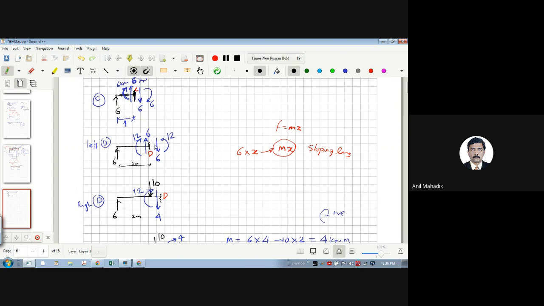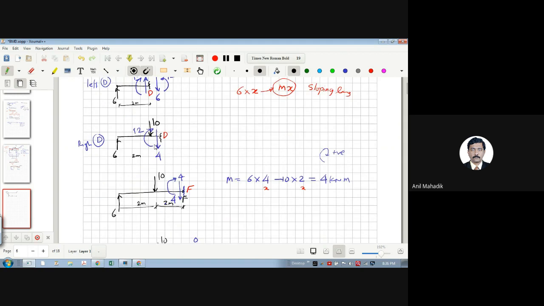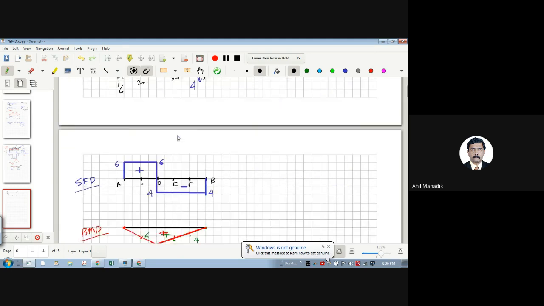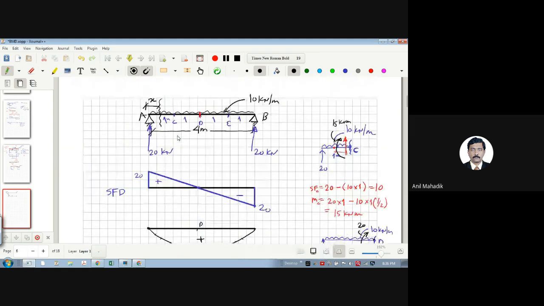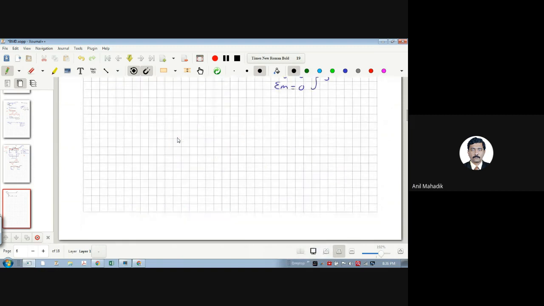So it is in equilibrium. If you cut any section in the beam or member, the left side and the right side should be in equilibrium. Whatever the forces are to the left side of the section, there has to be equal and opposite on the right side. That is the general free body diagram concept.